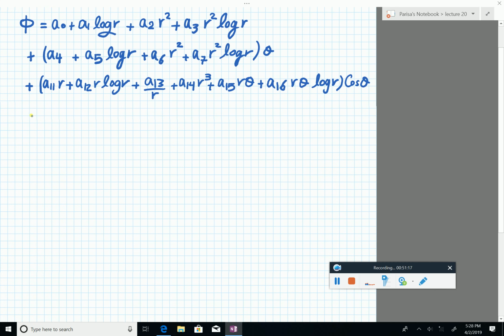And a very similar expression, so I use B at the end, multiplied by sine theta.